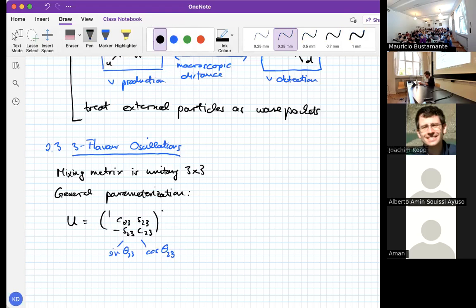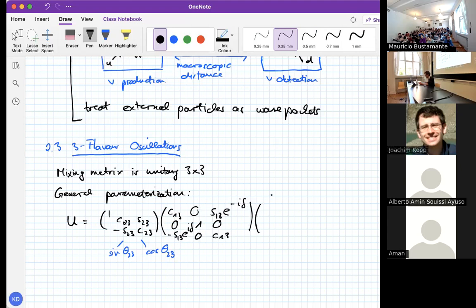Then one rotation in the 1-3 sector, so C13, 0, S13, and the special thing here is that rotation matrix also gets a complex phase. So here minus S13 e to the i delta, 0, 0, C13.